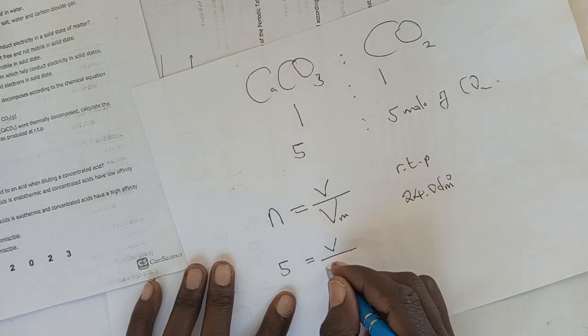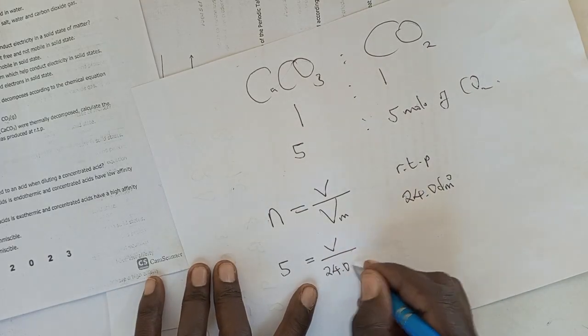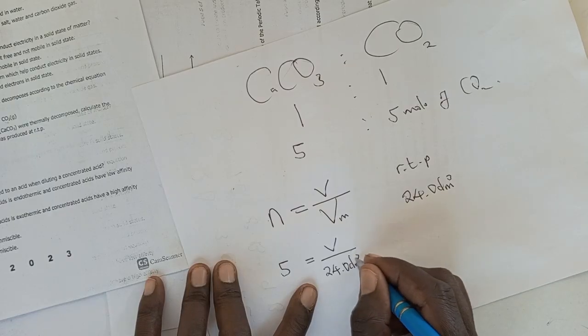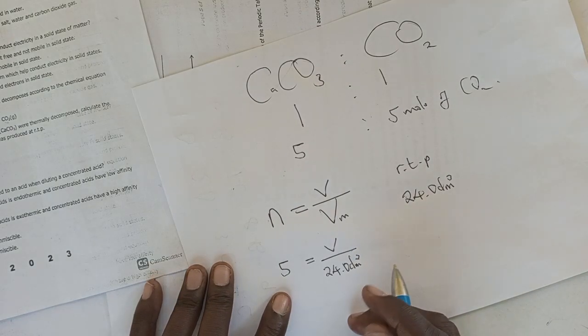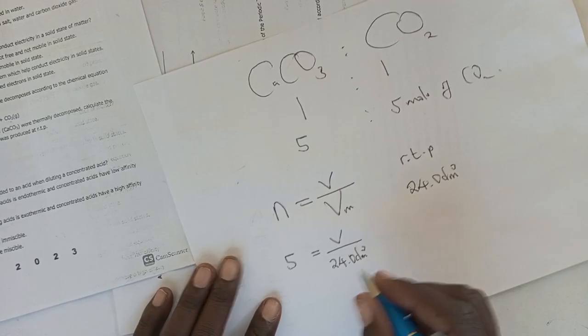So this is the number we're going to use. And also remember that there is also standard temperature and pressure, where 22.4 cubic decimeters is occupied by 1 mole of a gas.